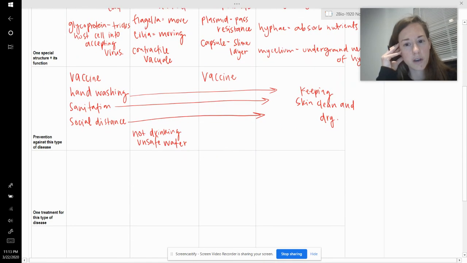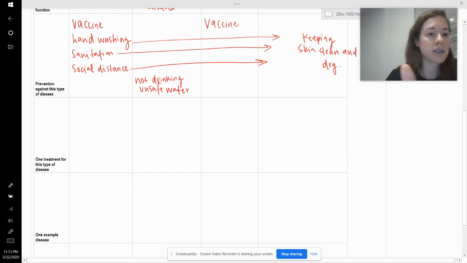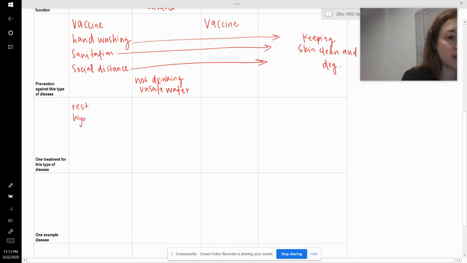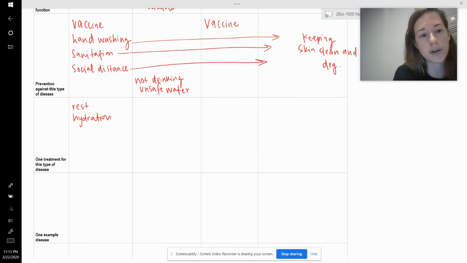Okay. So treatments are what you do after you are sick. So those are things that you already don't feel good, you're already sick, and now you're trying to feel better. So for a virus, usually it's just hydration. There are some antiviral medications like Tamiflu, if you've ever taken that for the flu.